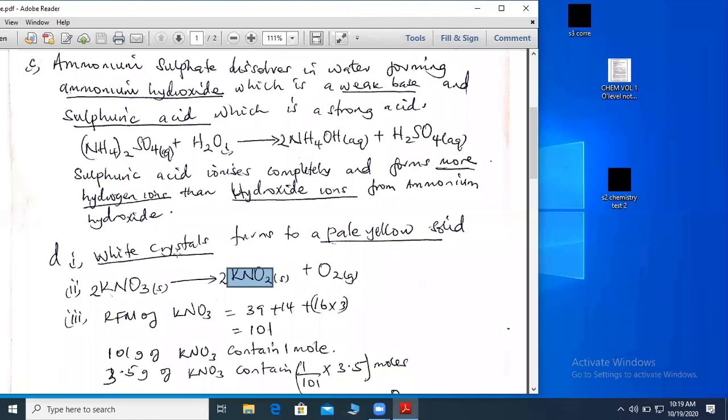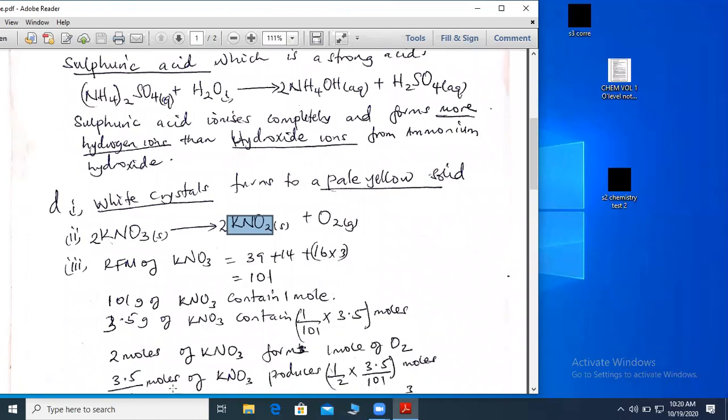So the observation is that white crystals turn, this should be turn for correct English, to a pale yellow solid.